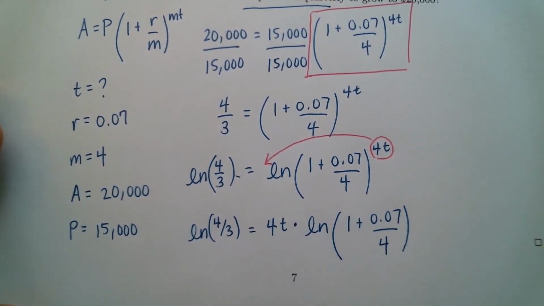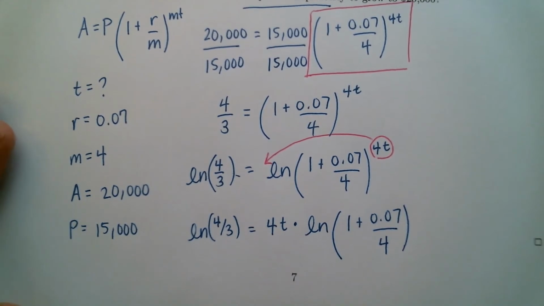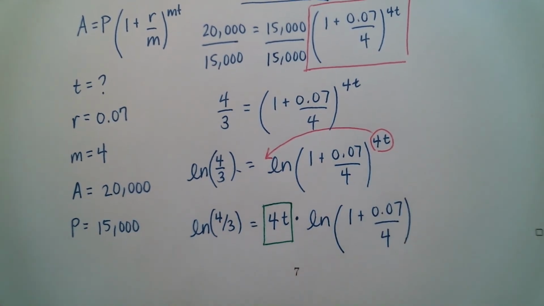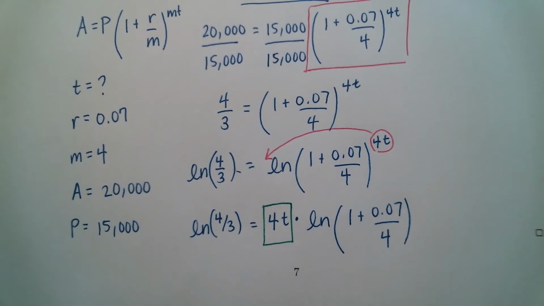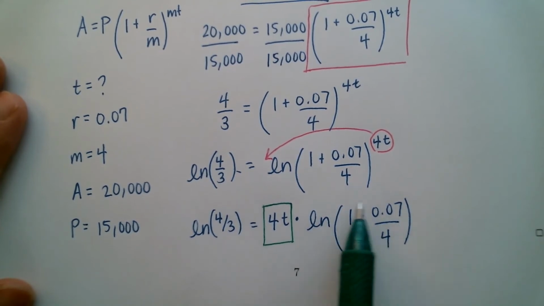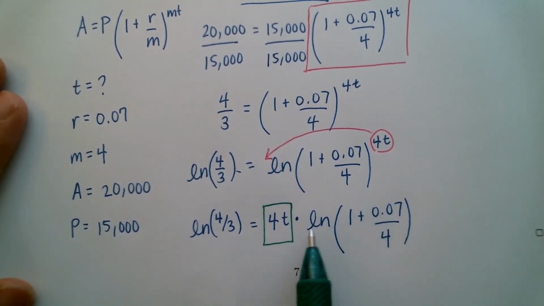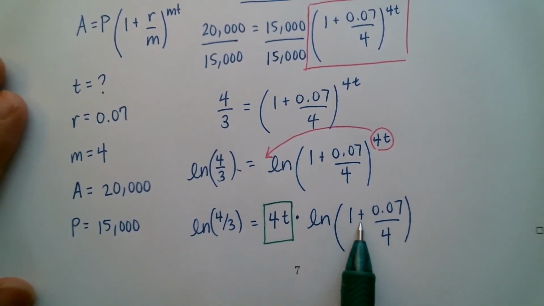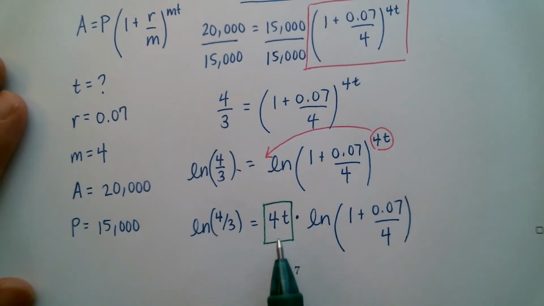So we are going to solve at this time, not for t, but for 4t. Remember, when you're solving for time or you're looking for the time value, you always solve for m times t. So we want to isolate this thing in the box. Since we're multiplying it by this crazy decimal, we're going to divide off the crazy decimal. So we're going to divide both sides by this logarithm to get this 4t by itself.